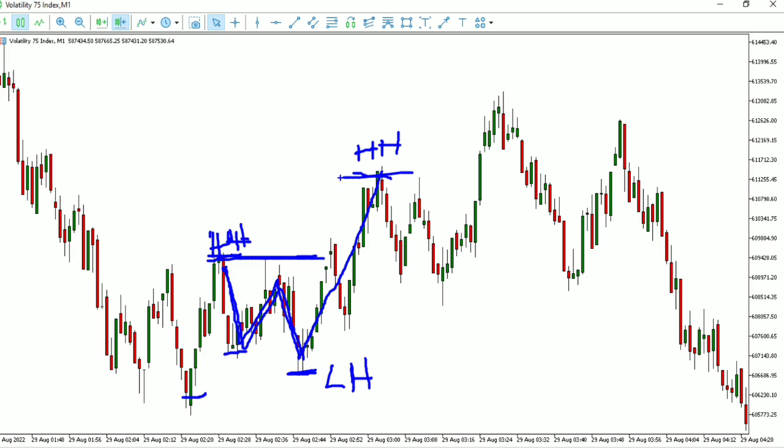Once you create this higher high, you see that the market creates another small move here, but we don't consider this move because it was just a pullback up to this point. Why do we say to this point? Because this point is the lower high that created a huge move that broke past the higher high, right?